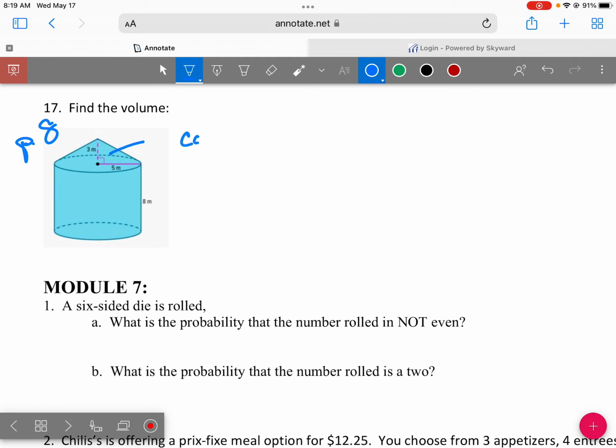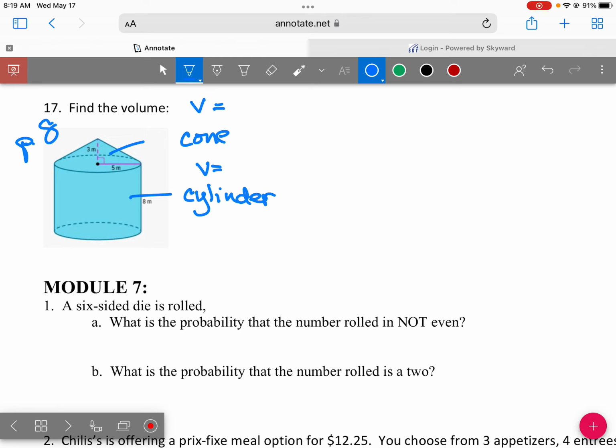Cone, right. And what about this bottom section? What do we call that? Cylinder. So I need to find the volume of each of those separately and then put those together.